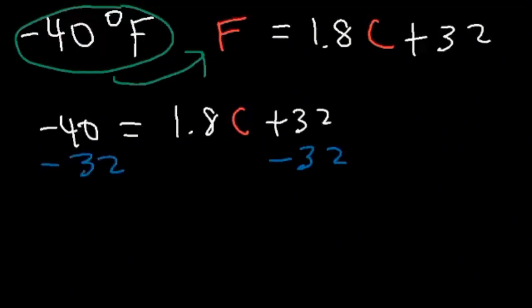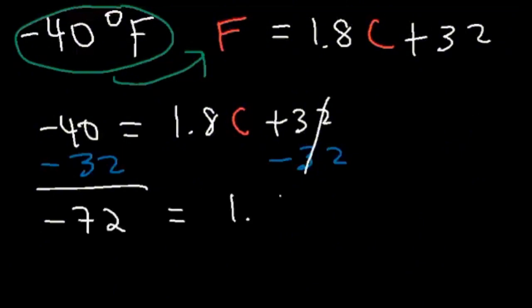We need to perform the opposite of addition. The opposite of addition is subtraction. And these two numbers will cancel. Negative 40 minus 32 is negative 72. And our next step is to divide. Since 1.8 is multiplied to C, we need to do division. Division is the opposite of multiplication.